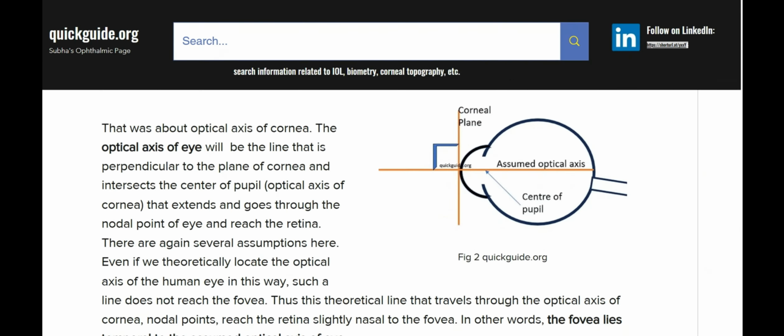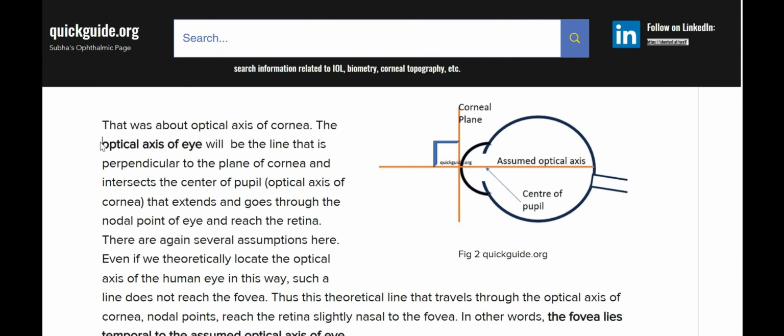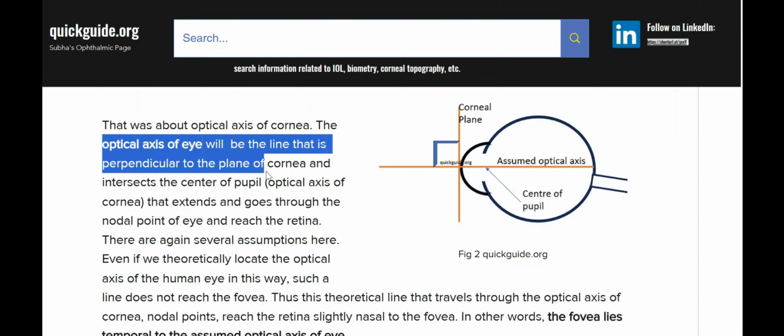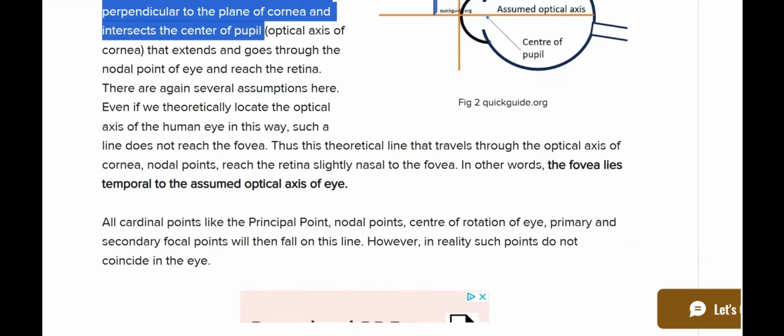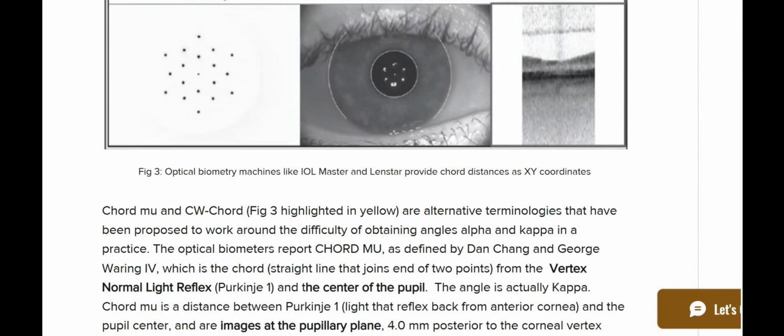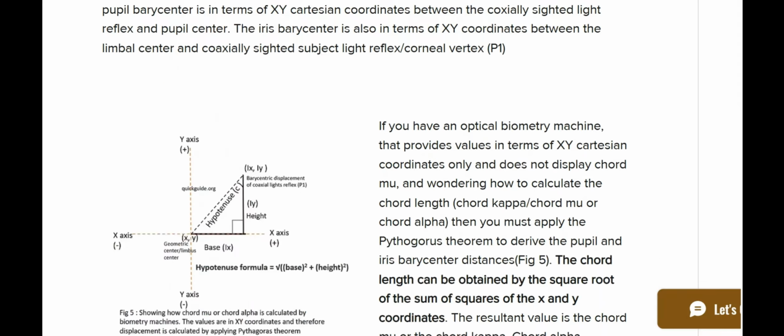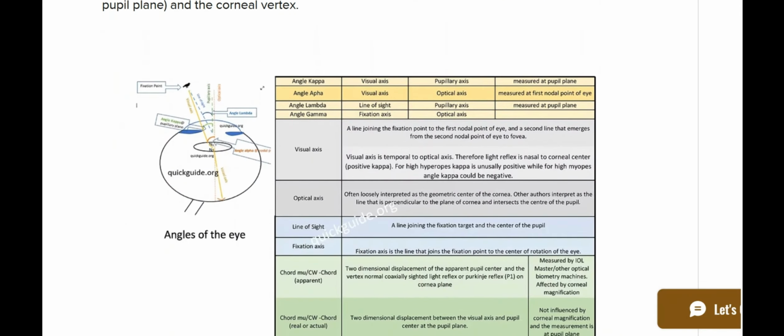So the optical axis of the eye will be the line that is perpendicular to the plane of the cornea and intersects the center of the pupil. This line, perpendicularly intersecting the plane of the cornea and going through the center of the pupil, is the optical axis of the eye. And the difference between this optical axis and the visual axis is called the angle alpha.